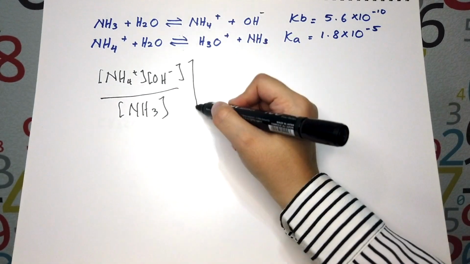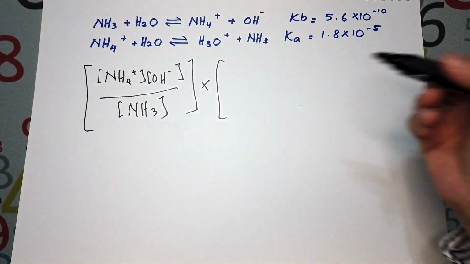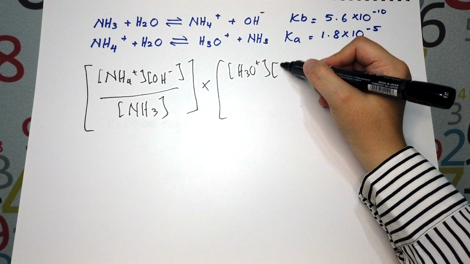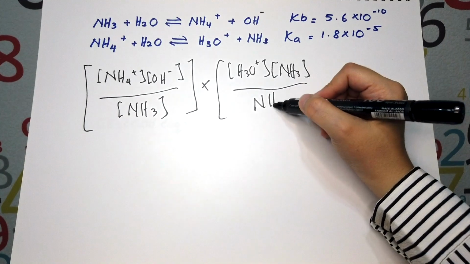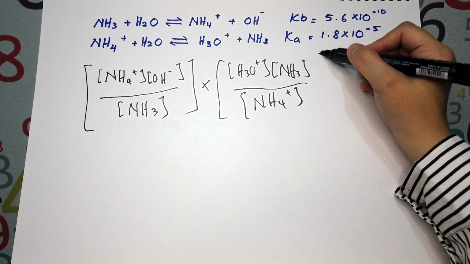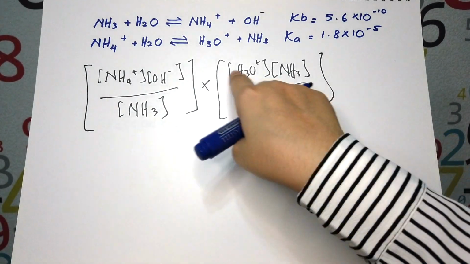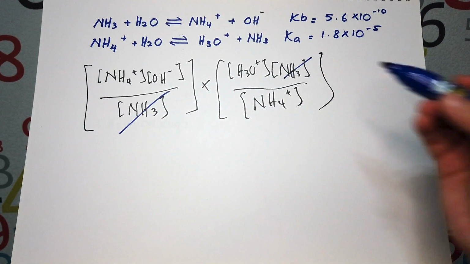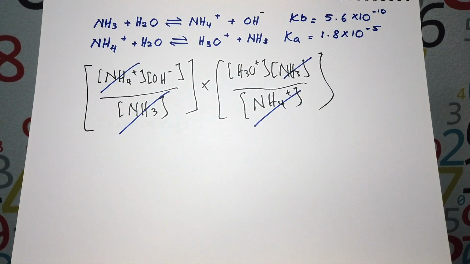Okay, so let's say I multiply this with the Ka, so your Ka is H3O plus times NH3 divided by NH4 plus. So what shall you get? Because it's multiplication, this is NH3 and this is NH3, and you have NH4 plus and NH4 plus. So at the end, you have already cancelled those out.